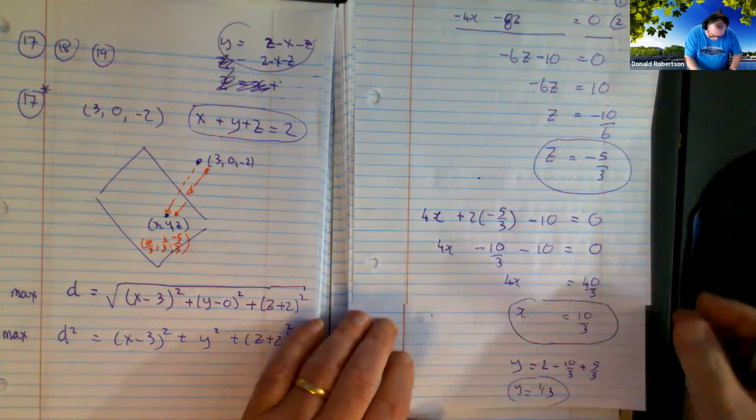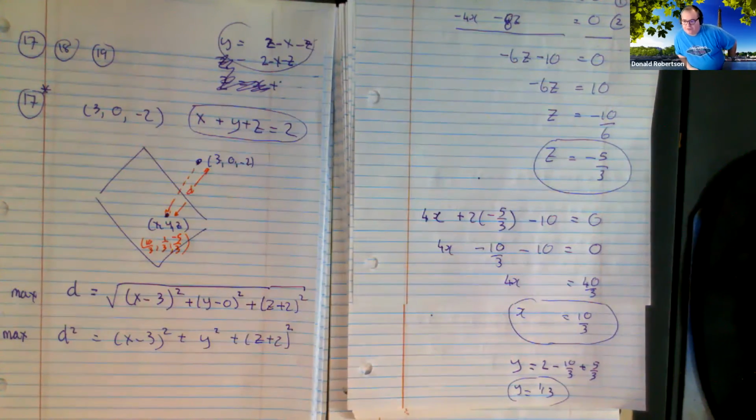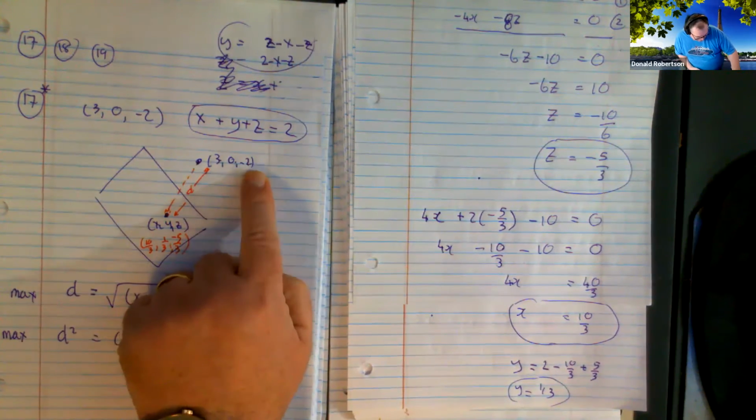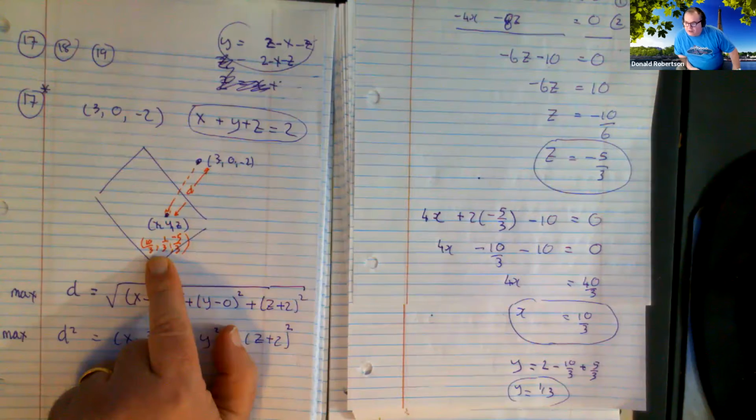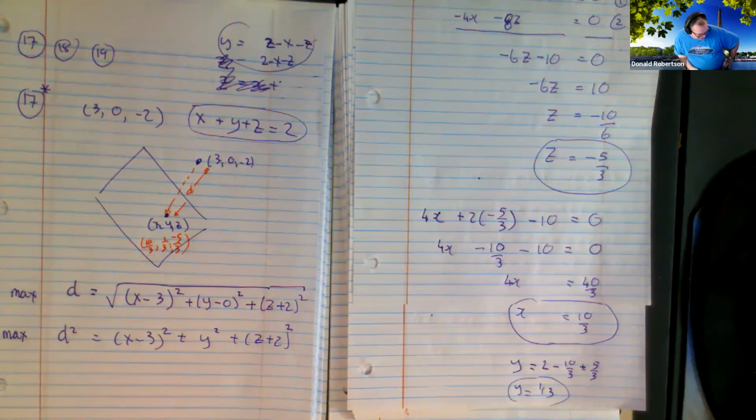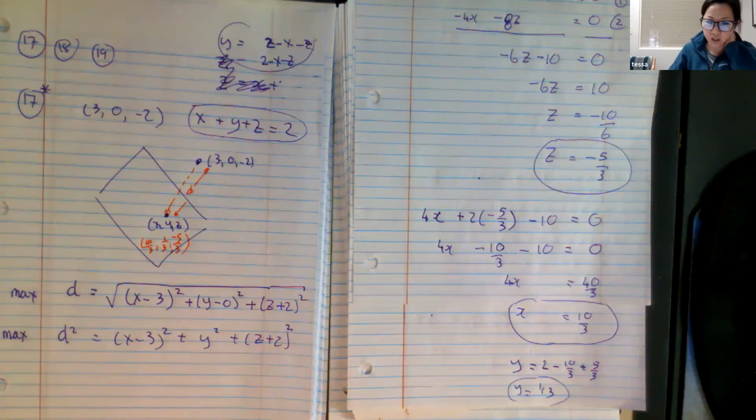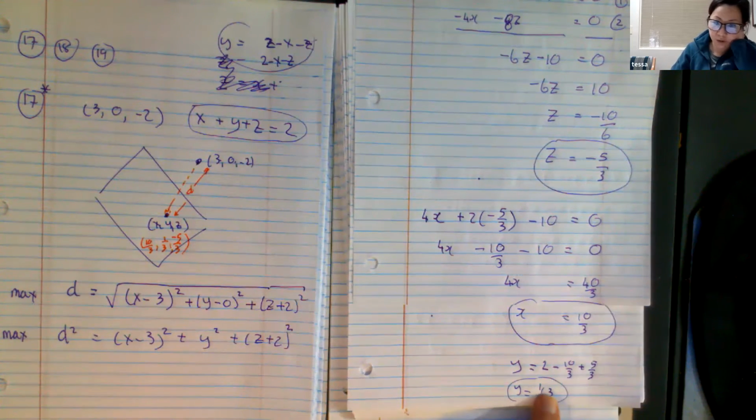Now, if the question had been, find the coordinates of the point on the plane that is closest to 3, 0, negative 2, wouldn't your answer be just to write that down? But the question was, what is the shortest distance? So what have we got left to do? Is it add in y, the... just 3? Or am I crazy? A negative 3?